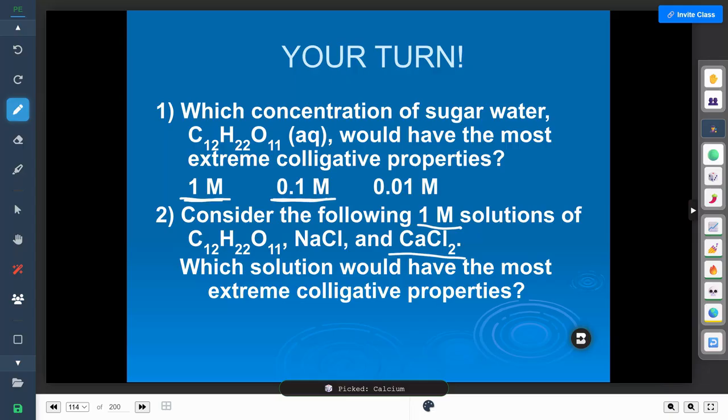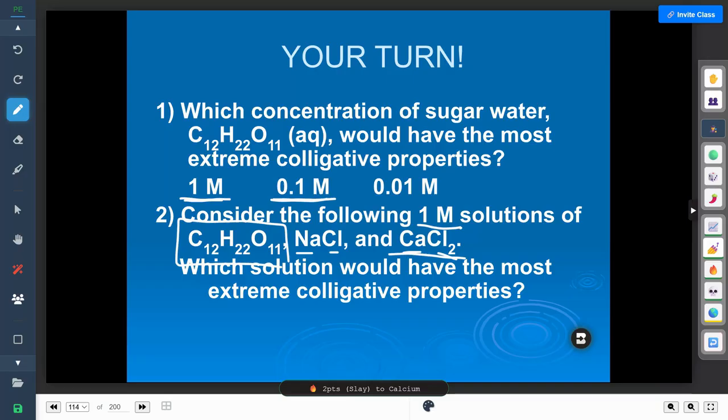How many particles is it going to break into? 3 particles. Yeah. It's going to break into 3 particles here. And so this is going to have a bigger concentration. 1 calcium, 2 chlorines. This one breaks into 1 sodium and 1 chlorine. So that's 2 particles. This one doesn't break into smaller particles. It stays together as a big clump. It's a molecular compound, non-electrolyte, so it doesn't break into smaller pieces.